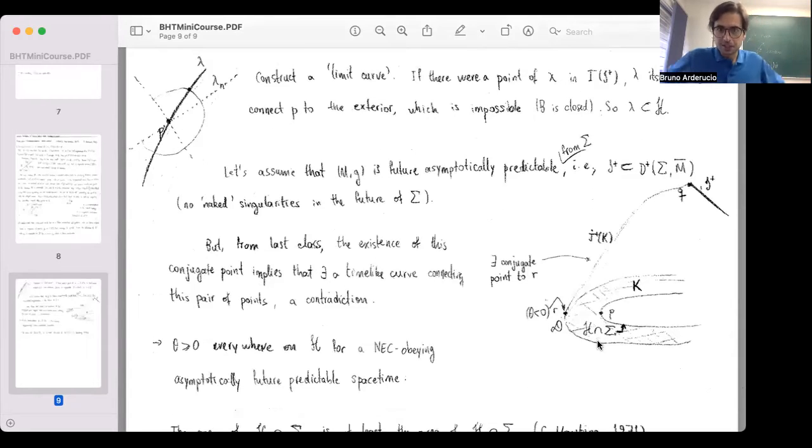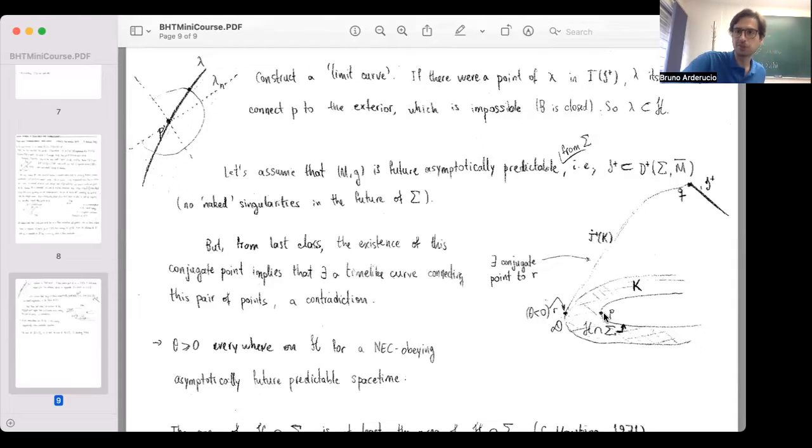So what remains to show? Let's prove the area theorem finally, right? We're going to find a contradiction. There are three possibilities at a point P in the horizon. Imagine that P is a point in the horizon.